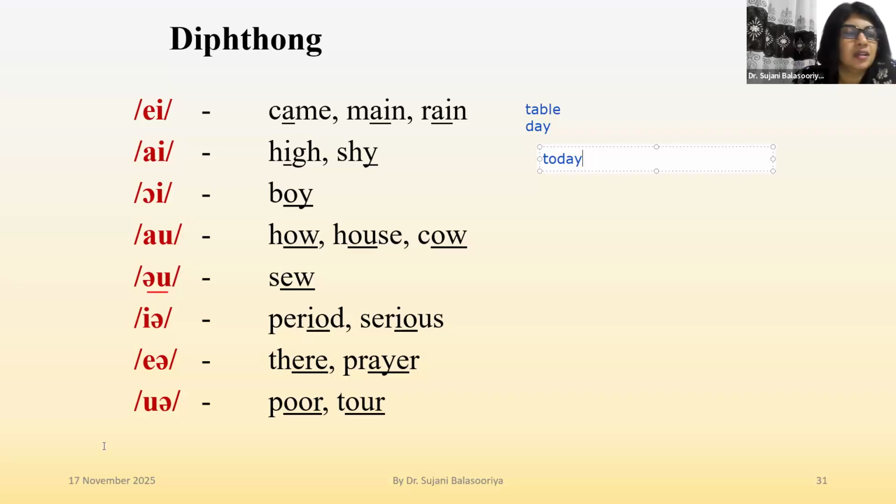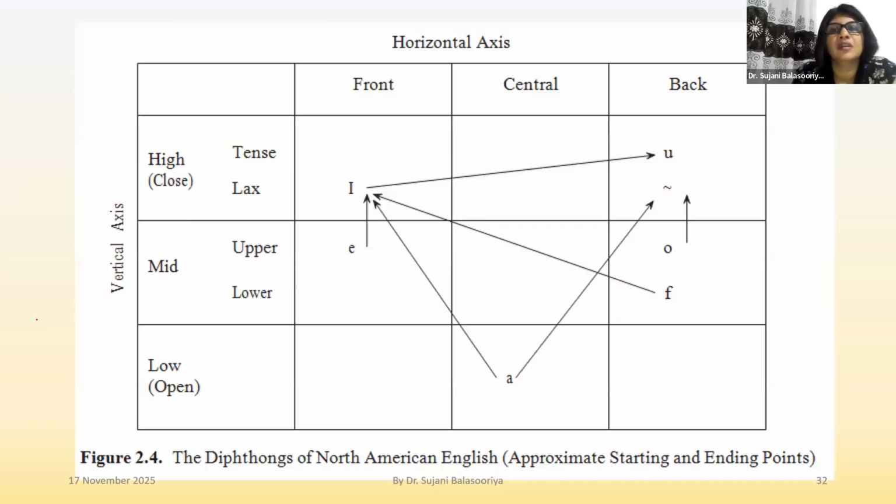Okay, then. Here you have a table. If you refer to the table, you will be able to get an idea regarding the tongue direction, the tongue gliding when we produce diphthongs.